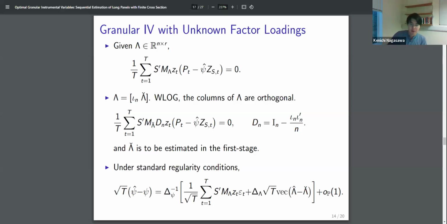This is an equivalent sample moment condition, but more convenient for our purpose because now we can single out the columns of lambda which we need to estimate in the first stage.